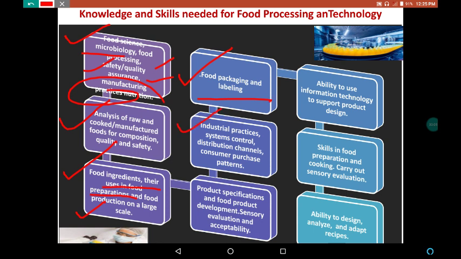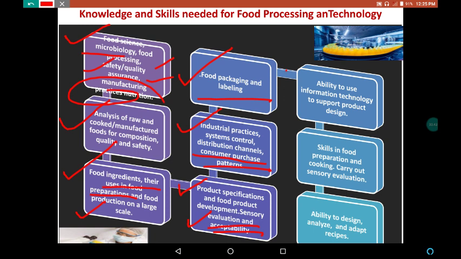Some industrial practices, system control, distribution channels, consumer purchase patterns. They must know product specification, and product development is also required. Sensory evaluation and acceptability. The knowledge of sensory evaluation and acceptability of food is also required for the professional in food microbiology and technology.